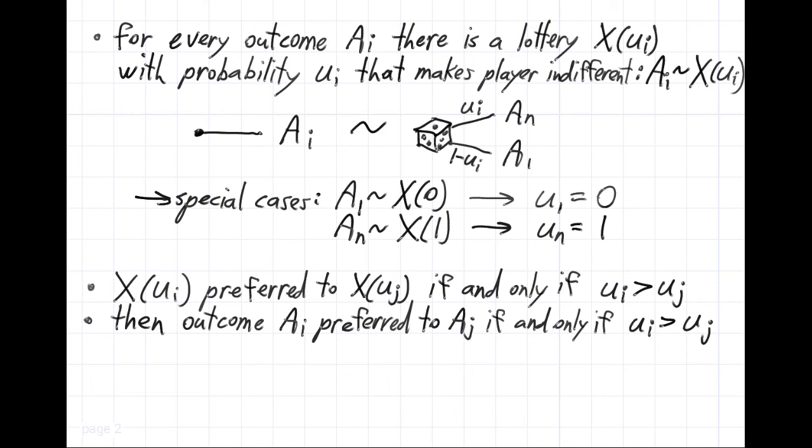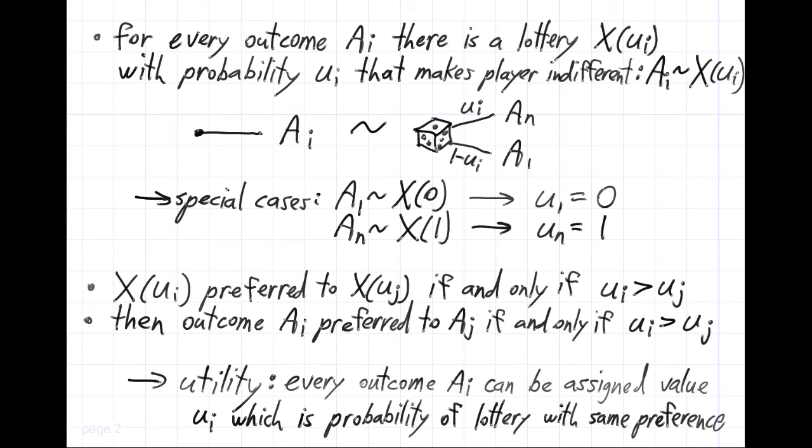So what we've just done here is come up with a number, this probability Ui, that tells us our preferences. If Ui is bigger than Uj, then we should prefer outcome Ai to Aj. And so every outcome has an associated number. We've just sneakily come up with a utility.